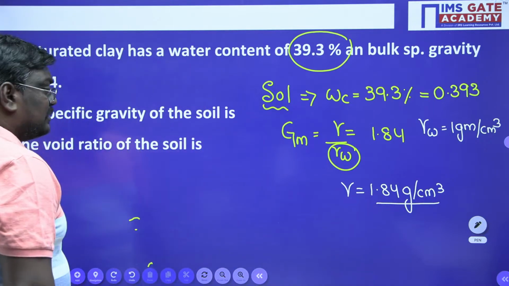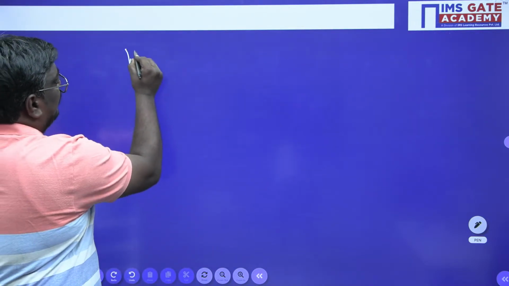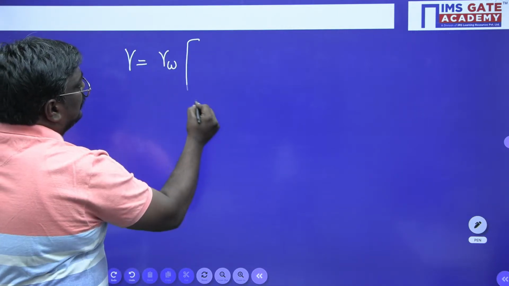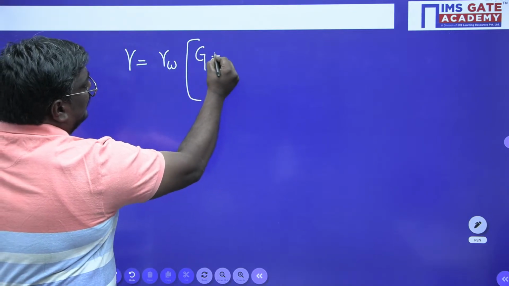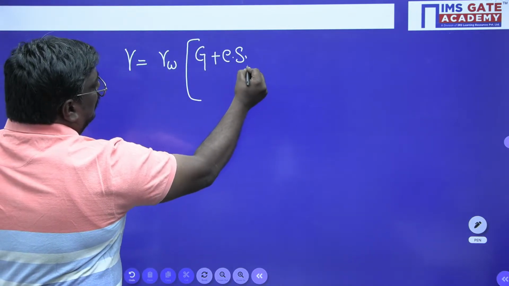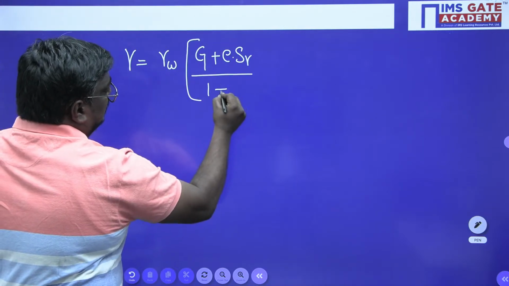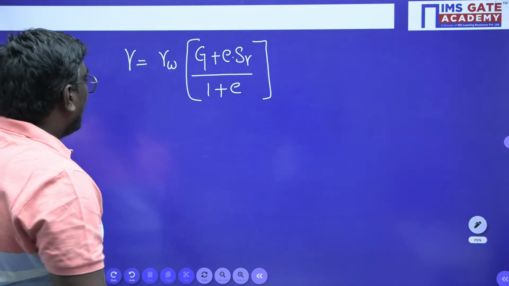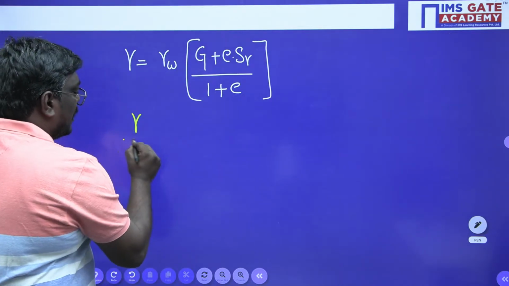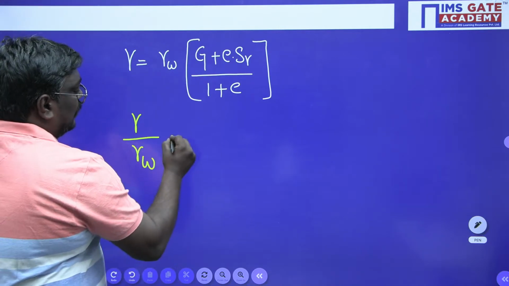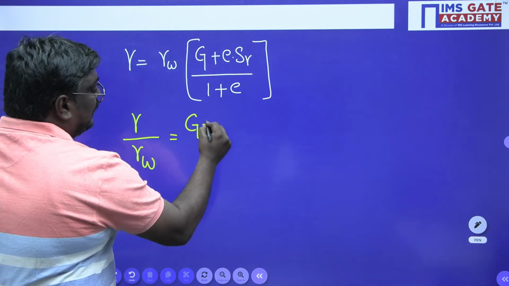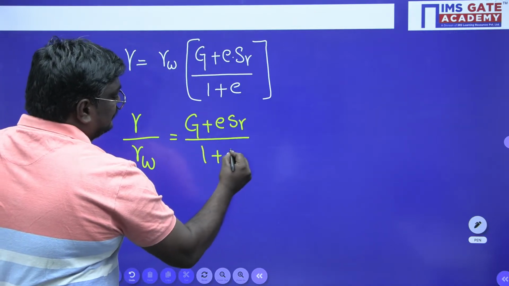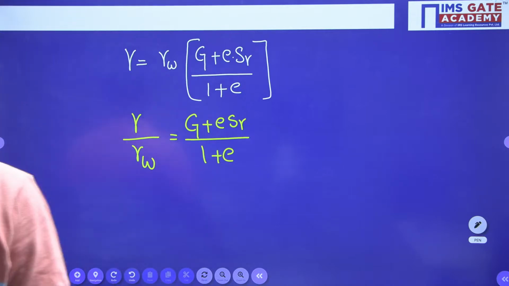Now, students, the bulk unit weight is given by the formula gamma equals gamma W into G plus E into Sr upon 1 plus E. So gamma by gamma W is equal to G plus E Sr upon 1 plus E. Please observe this relation.